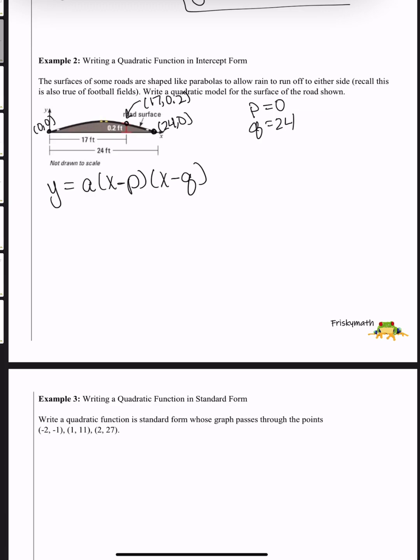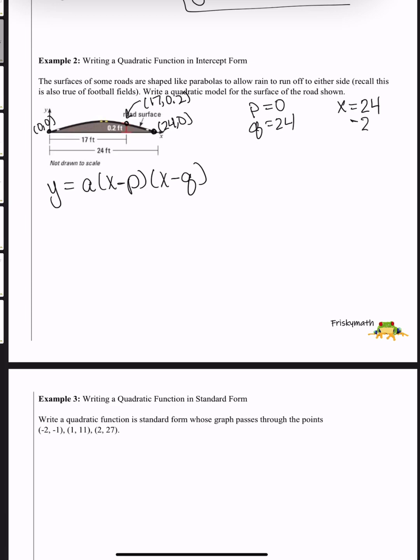Now, how would you know this if you didn't remember that? So let's use this x-intercept of 24. If I know that one of my x-intercepts is 24, when we see these in factored form, we usually set them equal to 0 to use the zero product property and solve for each x-intercept. So the question might be, how do I get this equation x equals 24 to equal 0?